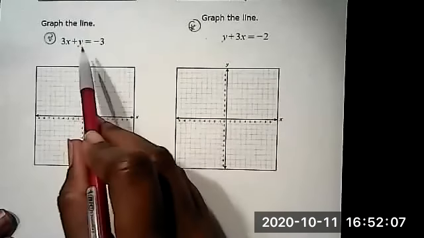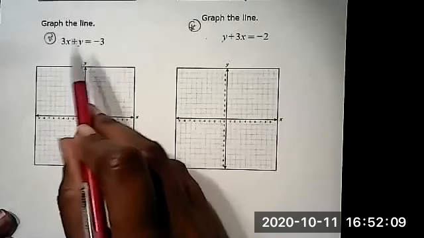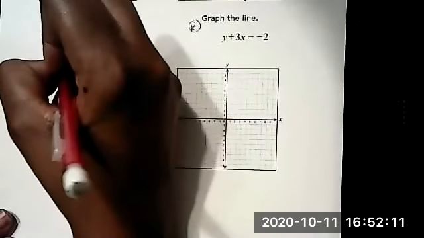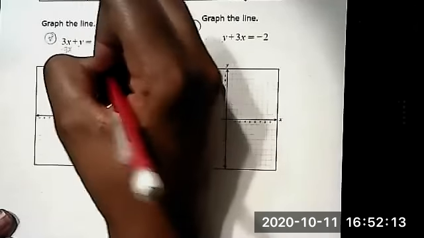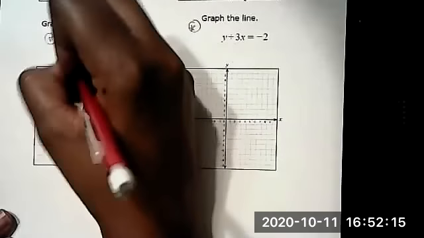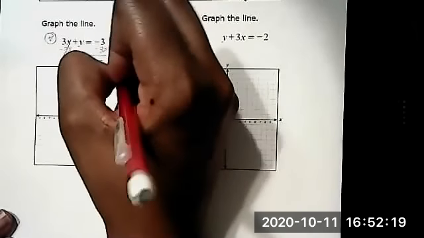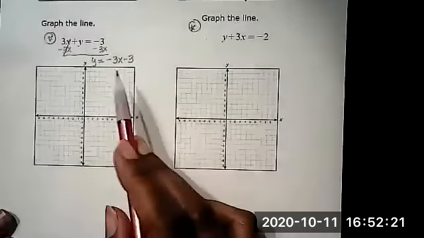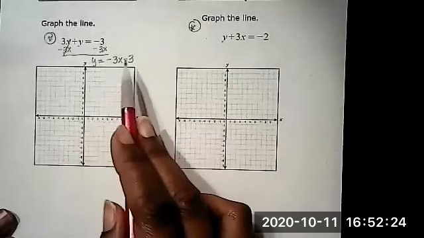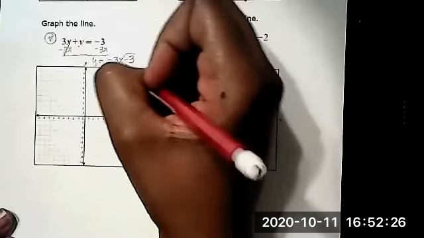This one, we're getting y by itself. How do we do that here? Get rid of that 3x, subtract 3x, subtract 3x. This becomes y equals -3x minus 3. Okay, -3x minus 3. So when you have the y equals, you can graph it. Y-intercept is -3.